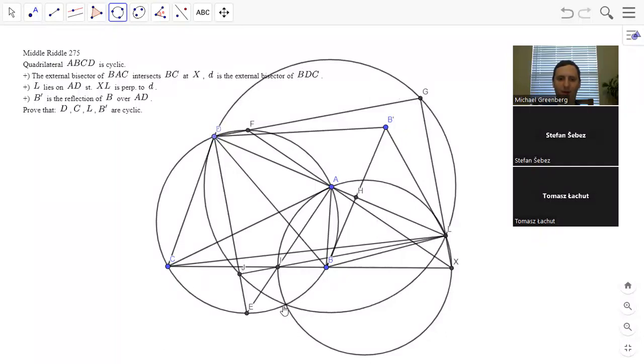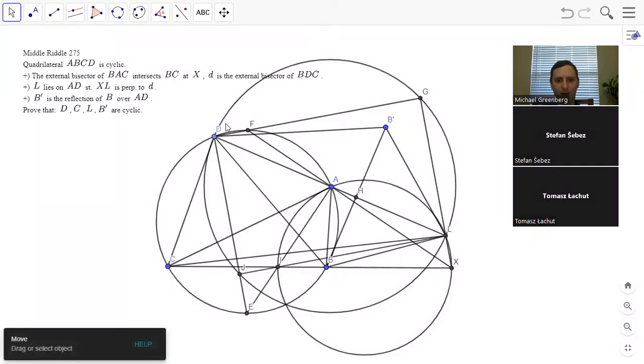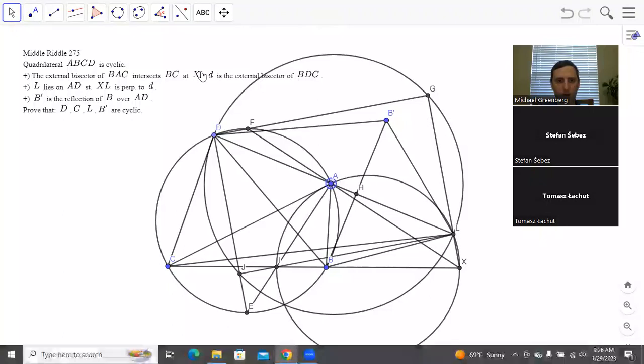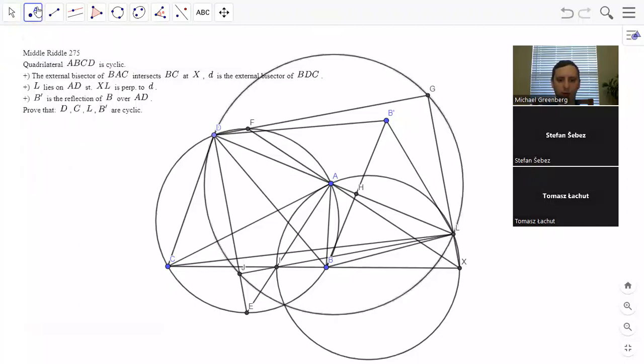Oh, that passes through this point, it looks like. That's interesting. Is that obvious? It's probably just an angle chase, I would guess. Yeah, I think that's just an angle chase because angle DKL is DKA plus AKL, and that would be AIL plus DCB.